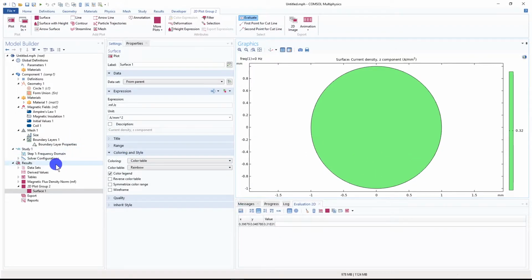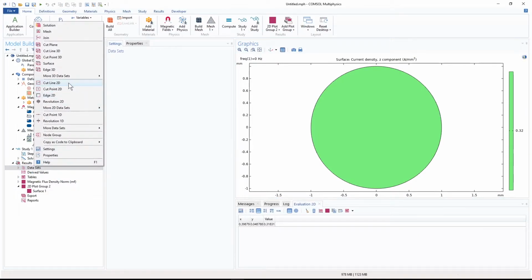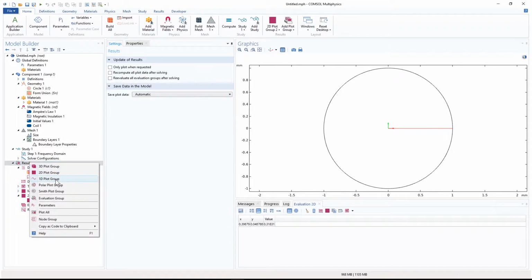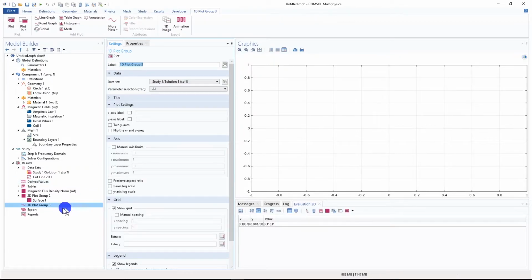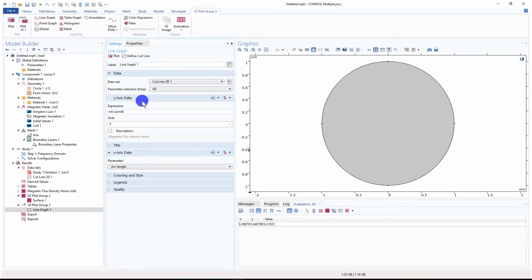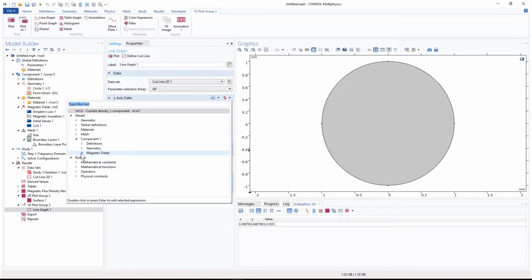I will do some simple calculation right now, but first let me create a 2D cut line. So I also want to plot the current density across this cut line. So I have already created it in dataset. Now I create a 1D plot, right click, 1D plot, and again right click, line graph, and then from parent we select the cut line that we have built, and also here we again select the current density in Z direction.